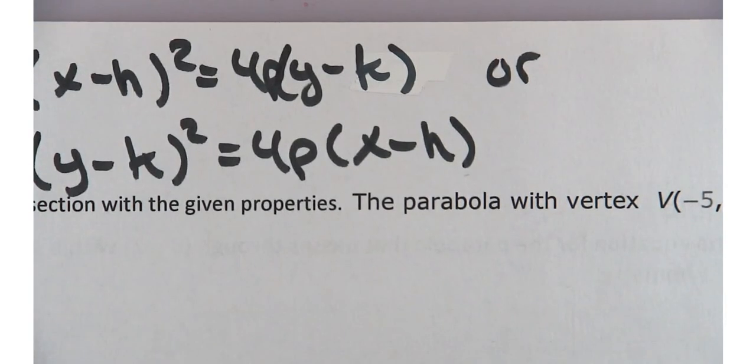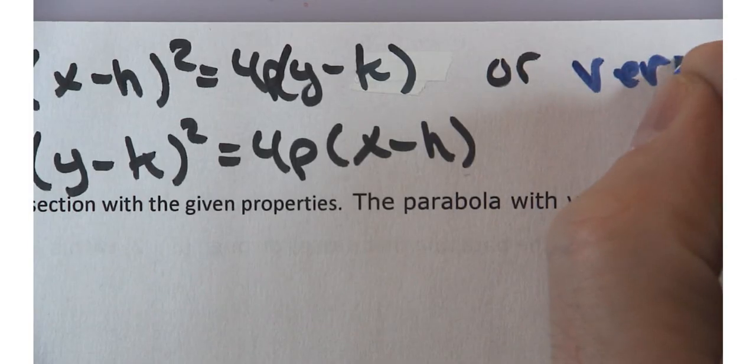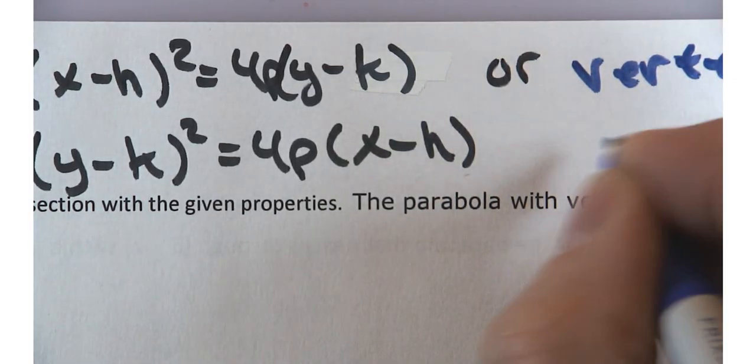Either one of these is going to have a vertex at (h, k).